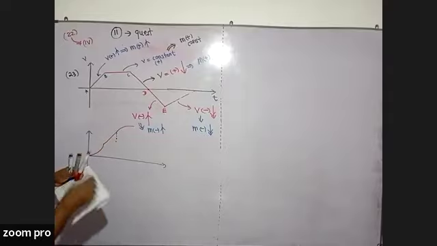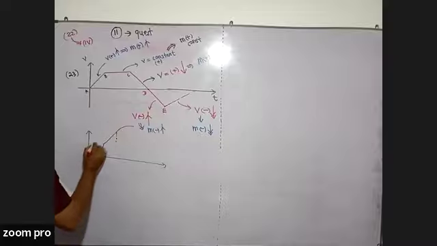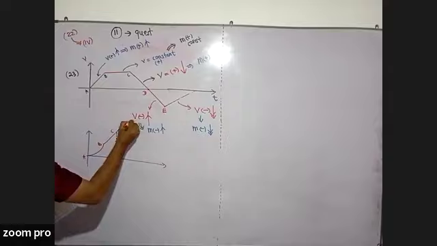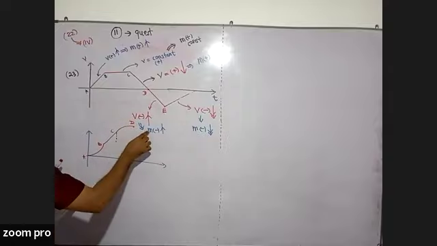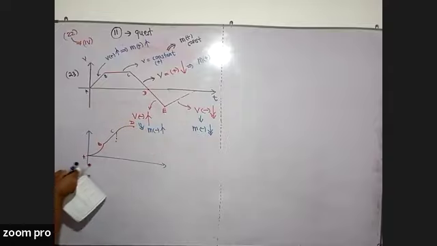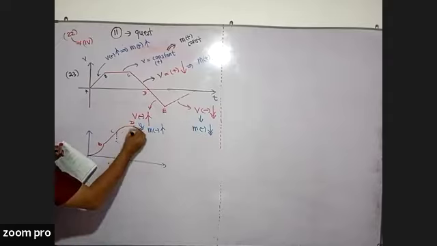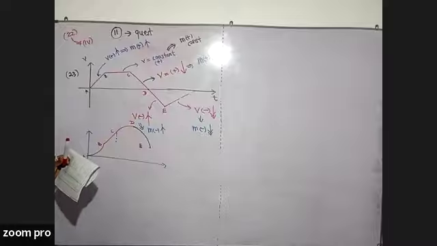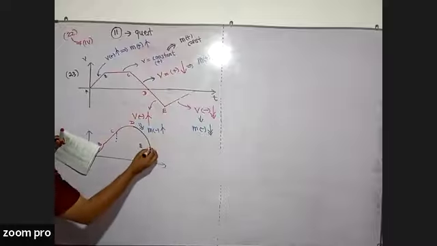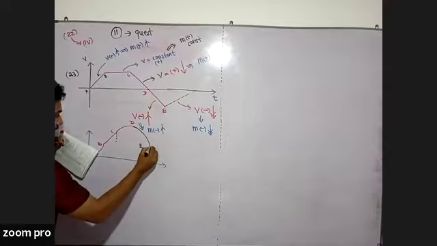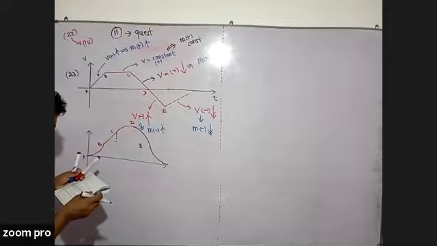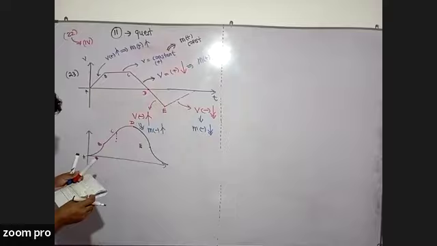This is A to B, this is B to C, this is C to D. Then what happened? Negatively increasing, which is represented by this one. Sorry, negative increase. And then what happened? Negatively decreasing. This is the graph for this question.